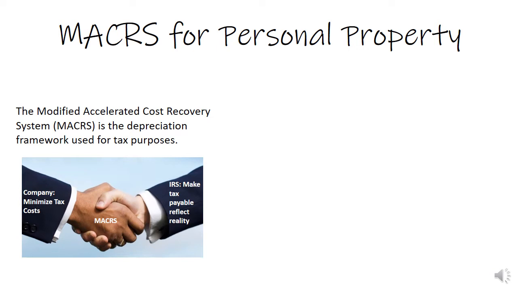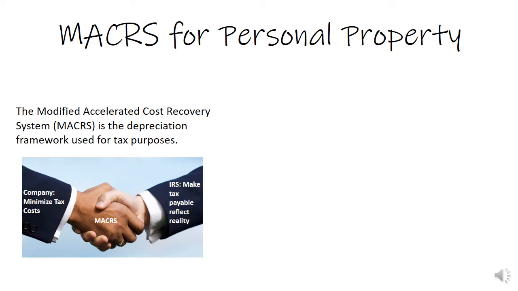In an ideal world, they would want depreciation to be as high as possible so that their income is lower and they don't have to pay any tax on that income. But the IRS wants a fair tax of their own. They want the tax that they collect from these companies to reflect reality. So the compromise was MACRS.